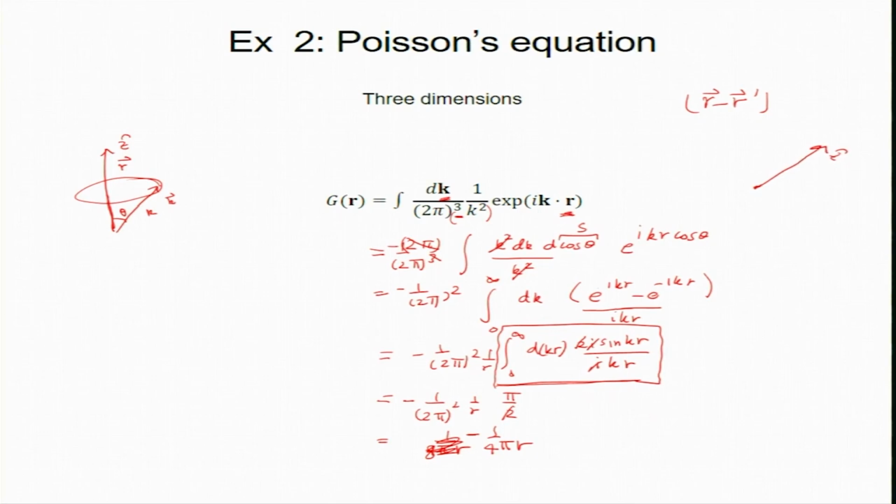Okay. So, this is how you do the 3D integral. Most of the time you will be basically doing this: choose your r along the z axis and do this integral. Sometimes, of course, we do not use sin k r. I am going to just show you some more integrals, but it is straightforward. You should know how to do this.